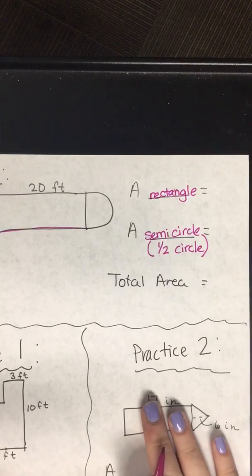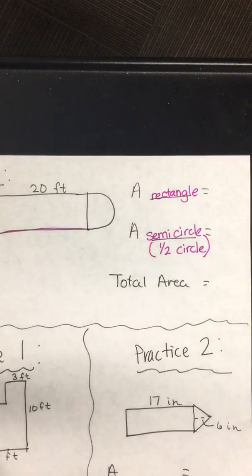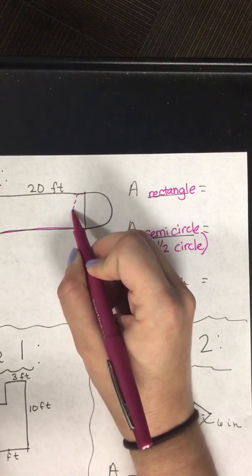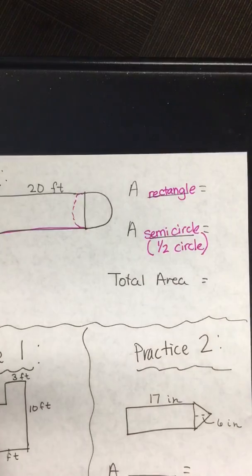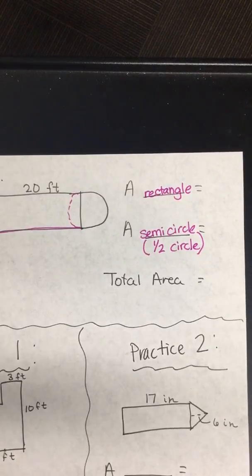So when we get to the circle, we're going to find the area of an entire circle. And that's not perfect, but we'll make it work. And we are going to cut it in half. Okay? So keep that in mind.